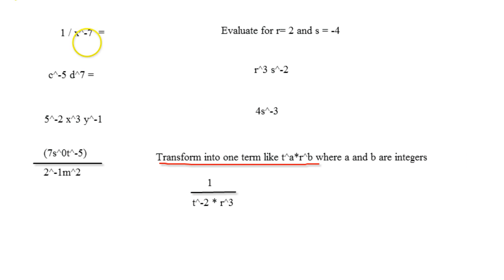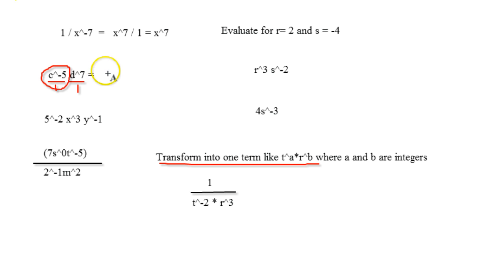Okay, so taking a look at this first one. In the reciprocal already there's a negative exponent, so when we flip it, it's going to be x to the 7th over 1, which just becomes x to the 7th. Pretty simple. Now if I do this for each one of these terms, and let's pretend it's over 1, I'm going to find that this is the only one I'm going to be flipping.